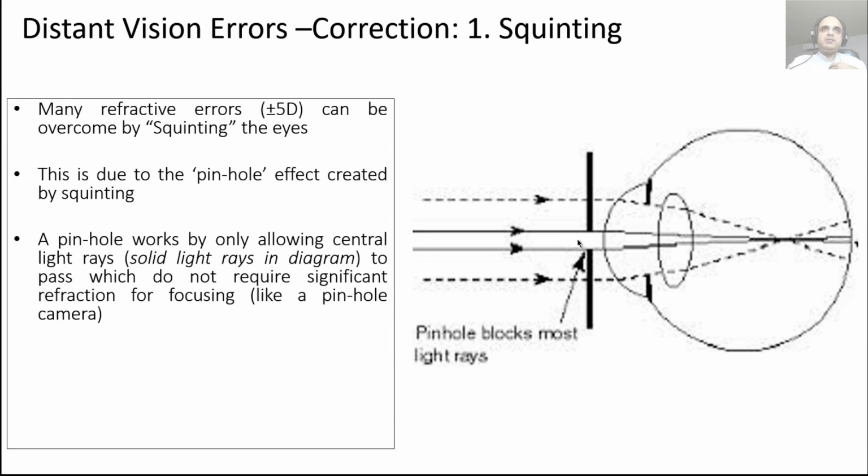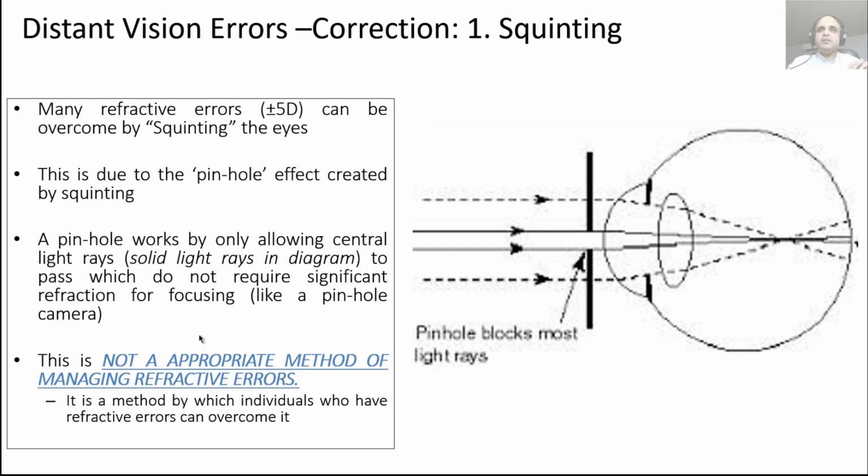So light rays that are passing through optical centers, or more appropriately nodal points of the cornea and the lens, would pass on undeviated, unrefracted, and focus on the retina, and that is how a pinhole works. The problem with a pinhole is it restricts your vision significantly because you're only allowing a central pencil of light rays to pass through.